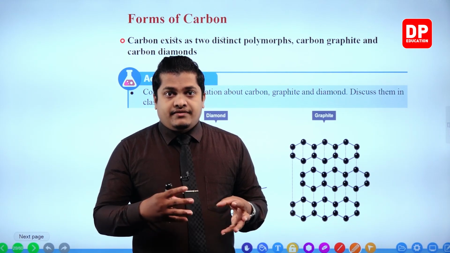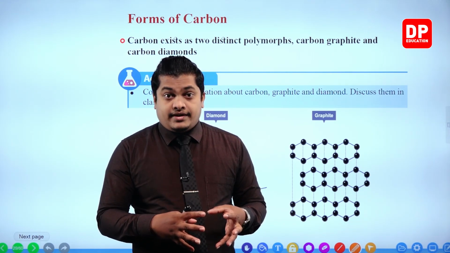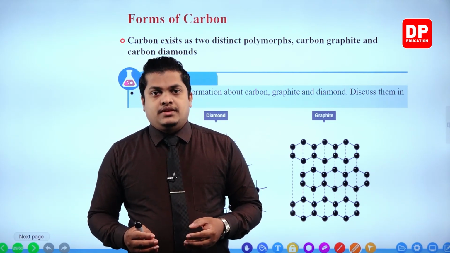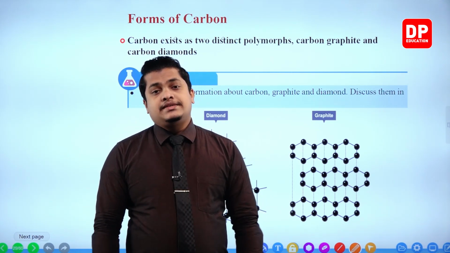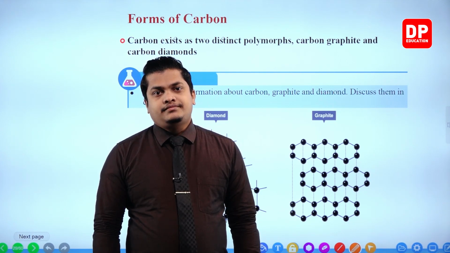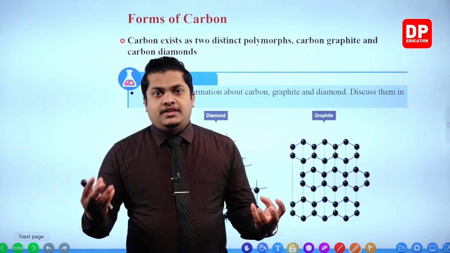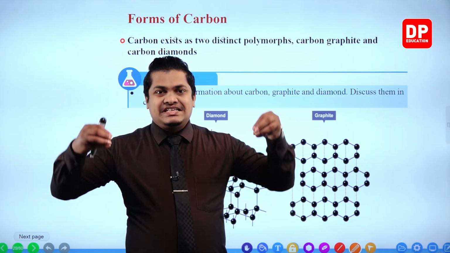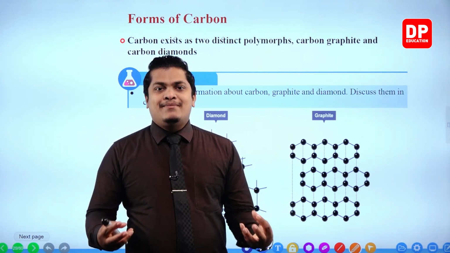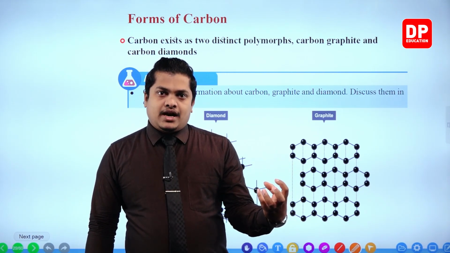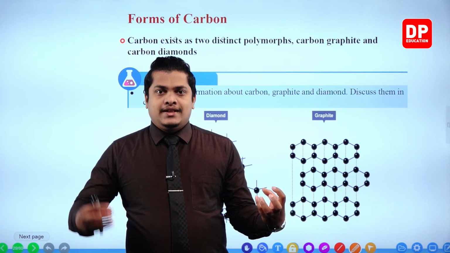If it is going to change into 4 carbon atoms, then, my dear children, diamond is getting created. Diamond and graphite are made up of the same element, which is carbon. However, in graphite, there are 3 carbon atoms joined to each other.